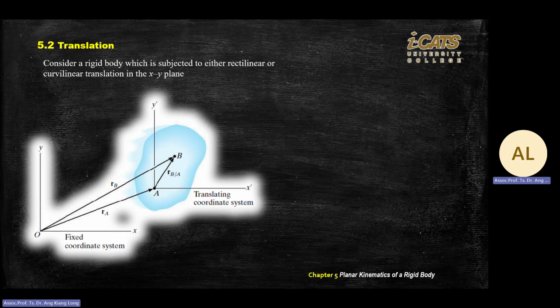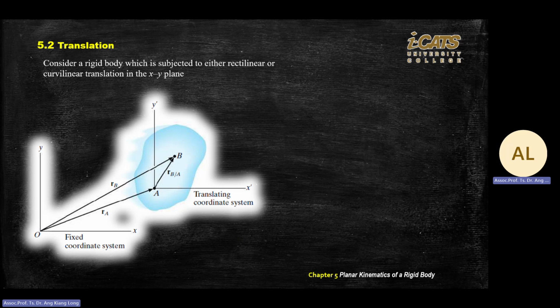So here, on the left-hand side, we start with the axes X and Y, and we start to see a reference point O, the origin O. We have one stationary axis, which we call the primary axis. And then you will have one axis that sticks to the body, which we call the translating axis.